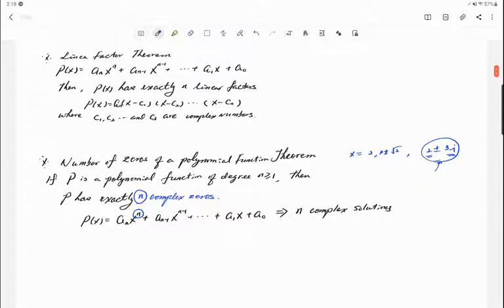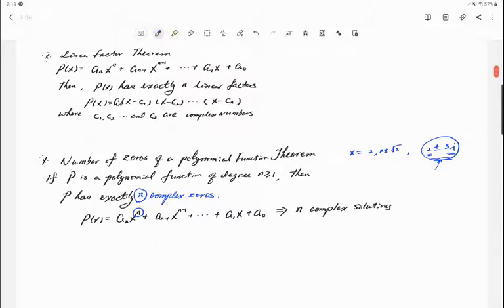If there are no complex zeros, then there are n real solutions. If there are complex solutions like this, the complex solutions come as plus or minus, so there are two of them, right?